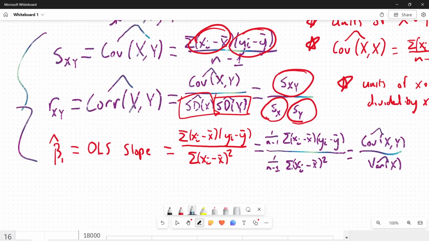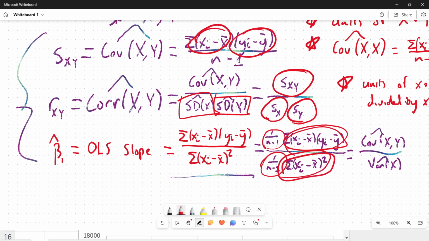And you see it illustrated here in the OLS slope because it wouldn't matter whether I was dividing by n minus 1 or dividing by n, if I use the sample covariance or the population covariance in Excel, as long as I use the variance that matches for the denominator, I'll get the same answer for the OLS slope. So that's actually very handy. The n minus 1 versus n doesn't matter for the OLS slope.